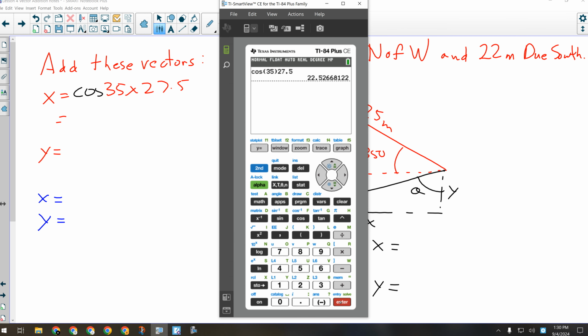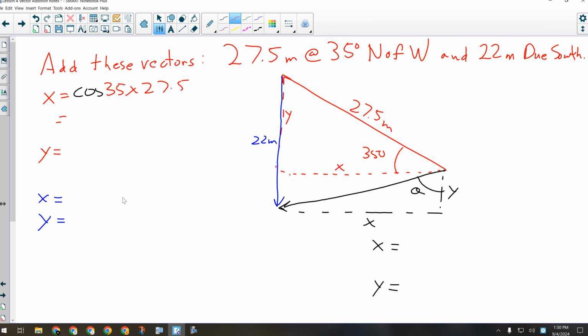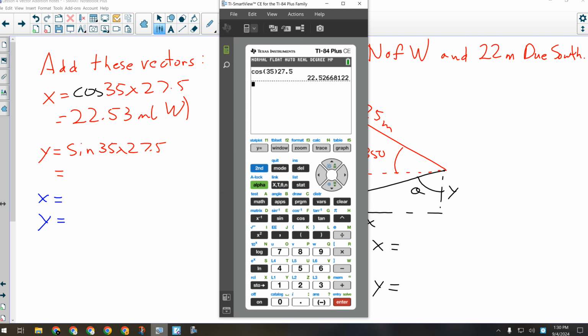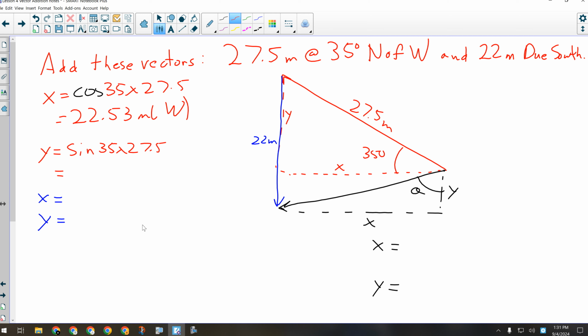Okay, it gives me 22.53 meters west. And then y is the opposite side, so that'll be the sine of 35 times 27.5. That's going to be 15.77 meters, and that is north.